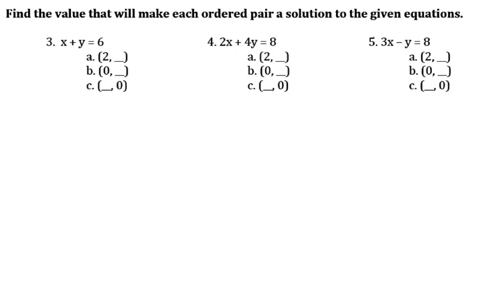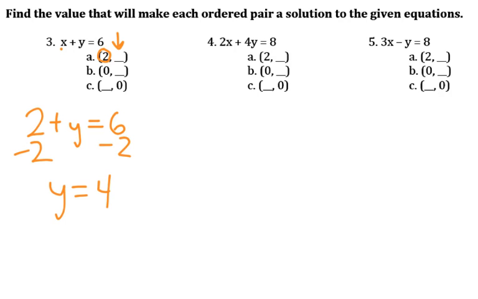Okay, now, on 3, 4, and 5, you're kind of doing the same thing, only you're figuring out what the other part is. So we've got an x for 2, we want to know the y. So for my x, I put in a 2, and then we solve for y. So 2 plus y, so I'm going to subtract by 2. So I get y equals 4.